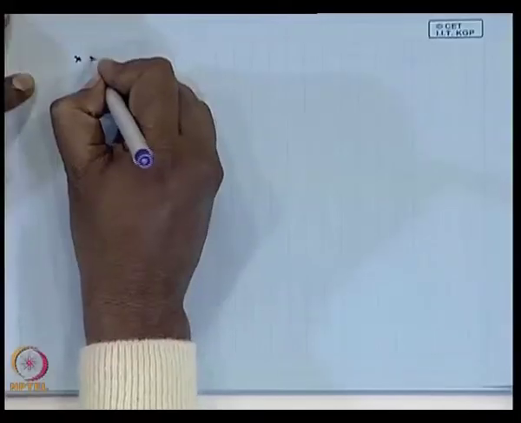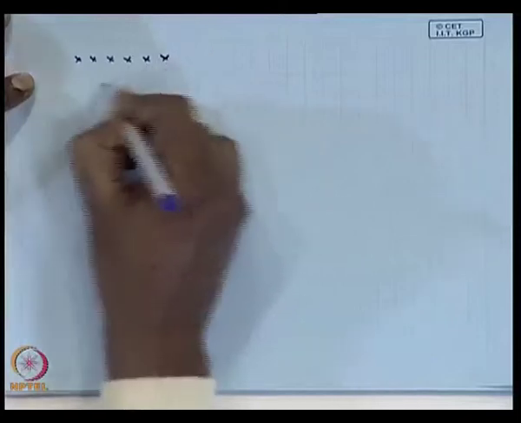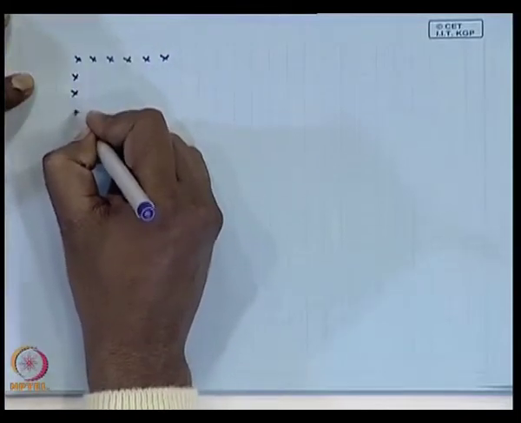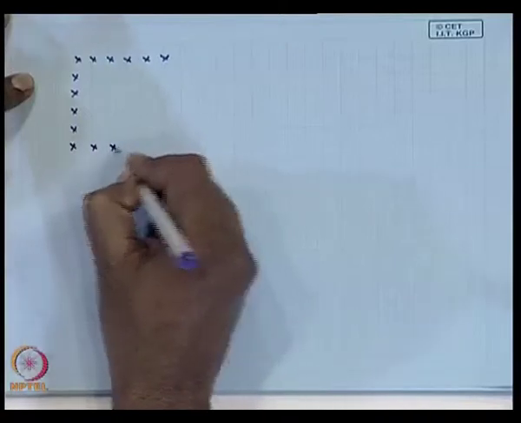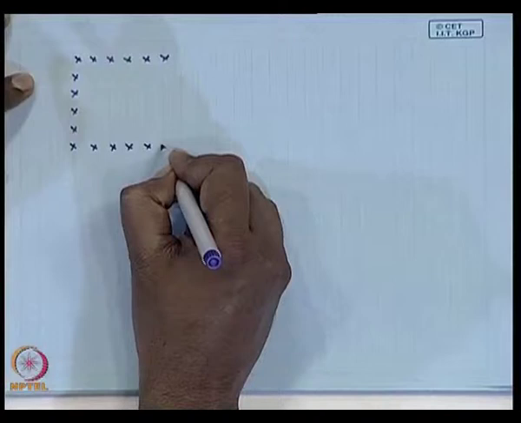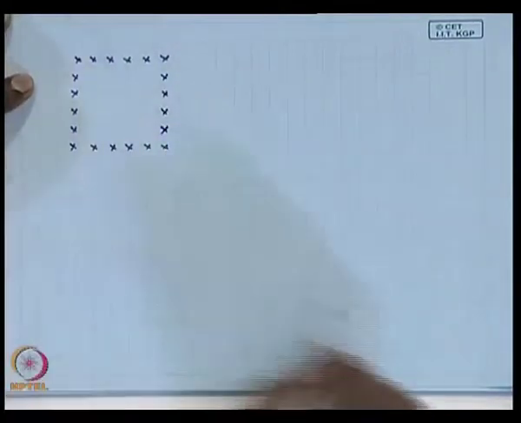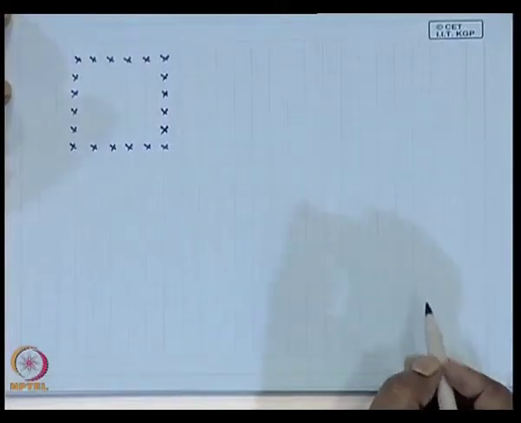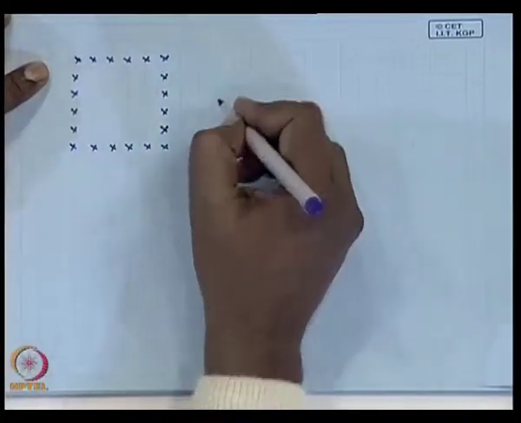Okay. Then how does it affect the shape? So, for example, if I have boundary points something like this, so it is a square boundary, okay, and there are 20 boundary points.